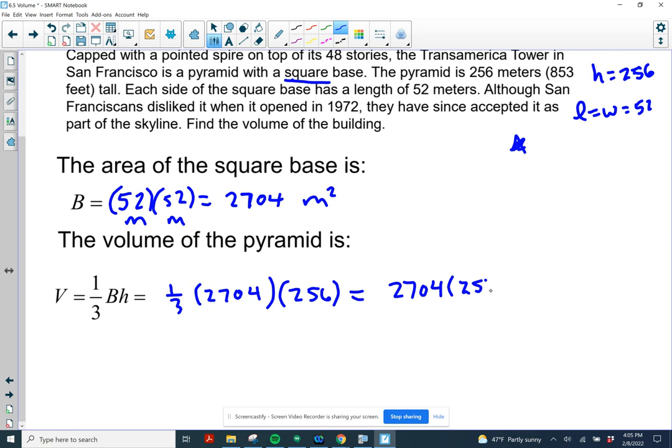So I can do this multiplication and then divide my answer by 3. I'm going to round it to the nearest whole meter, and that would be 230,741 meters cubed. Volume is always in cubic units.